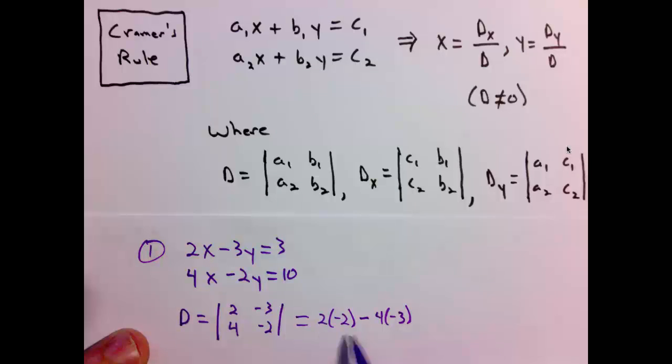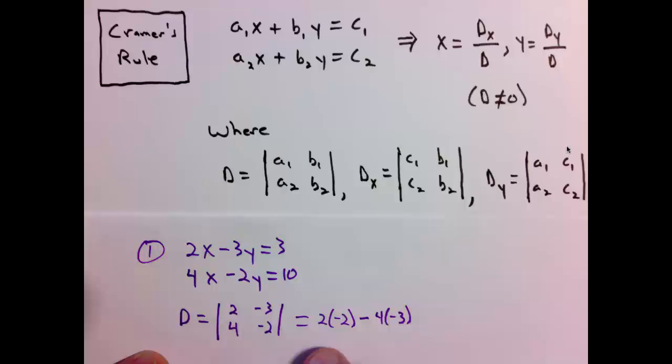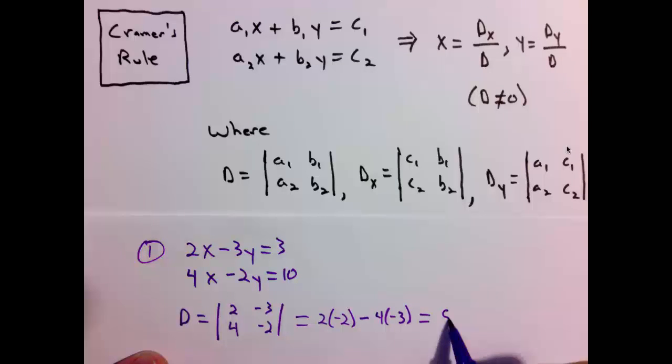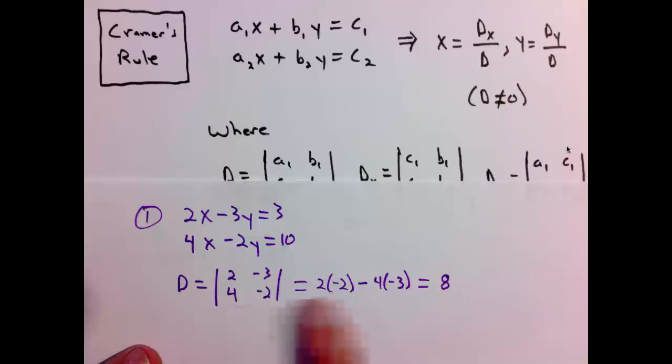Well, 2 times negative 2 is negative 4, and then negative times negative is essentially a positive here, so we have negative 4 plus 12. That is a positive 8. D is a positive 8 here.